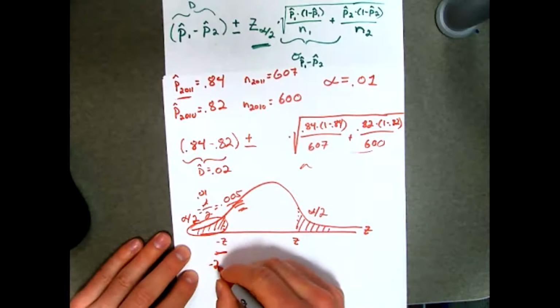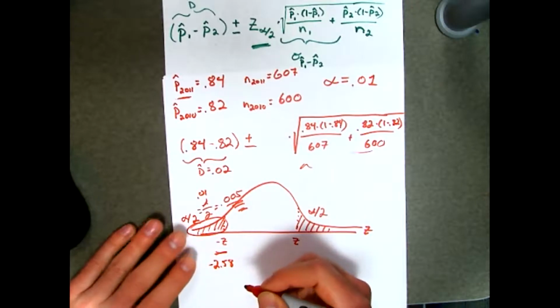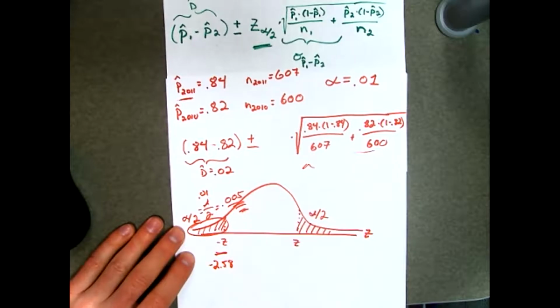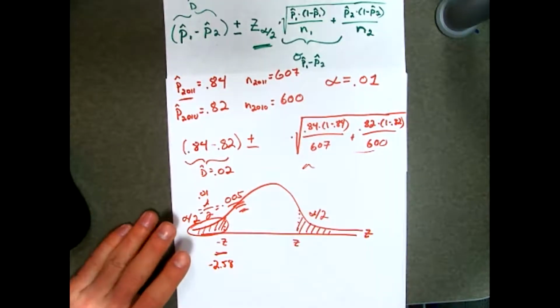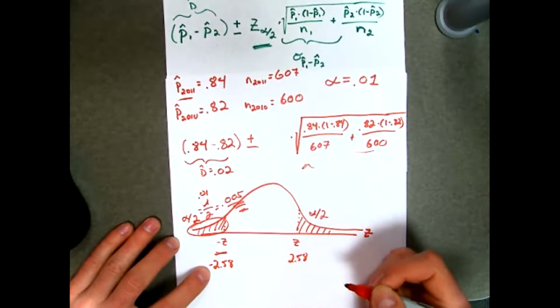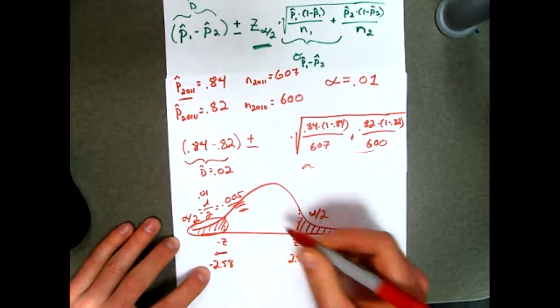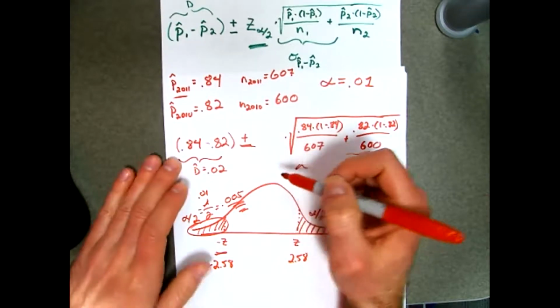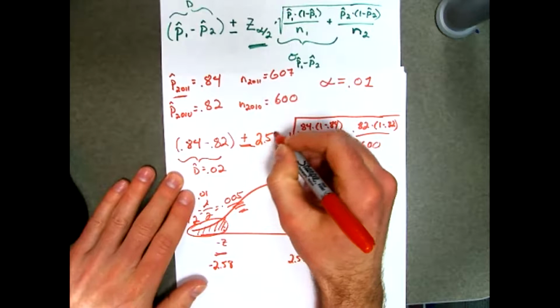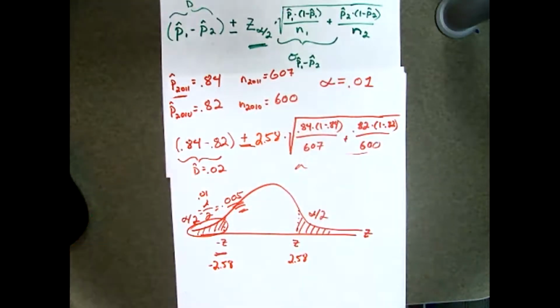Now remember, I found negative 2.58 because I was looking at the left side of the distribution, the area in the left tail. I'm going to go that same number of standard deviations away to the right to get my upper bound. So the positive and negative sign are already built into my confidence interval equation, and I just need to plug in that 2.58 there.